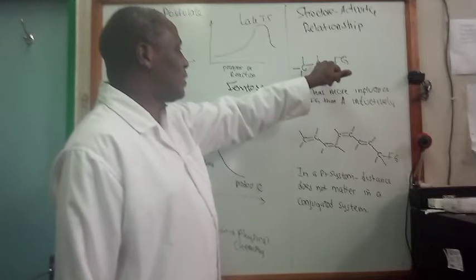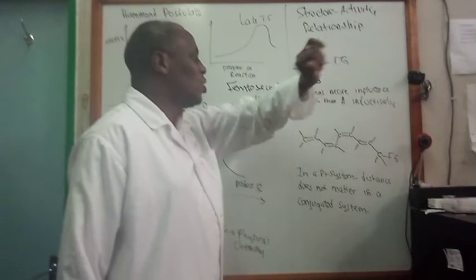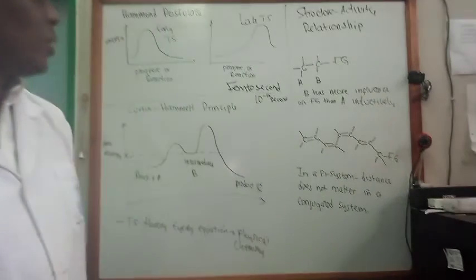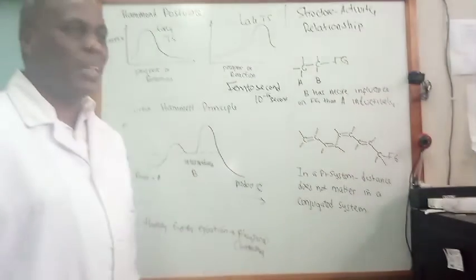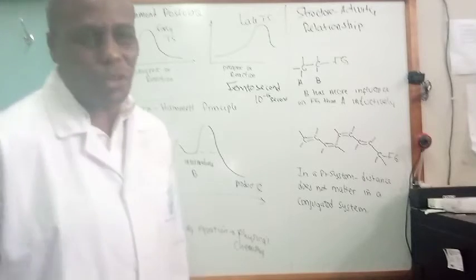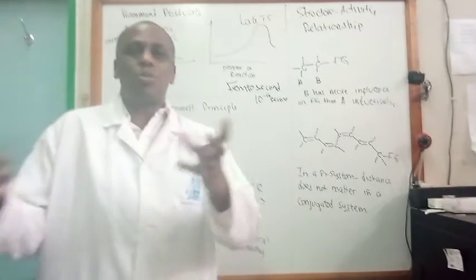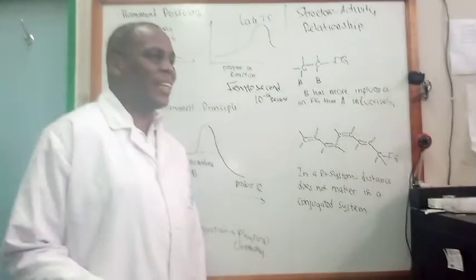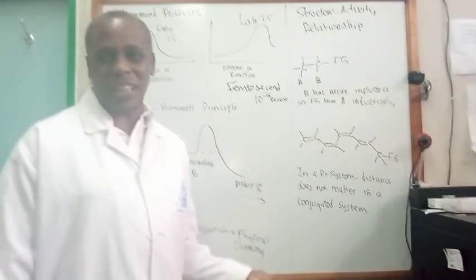There is a carbon here, there is another carbon here, and then we are looking at a functional group. A functional group is either an atom or a group of atoms, which gives the molecule its functionality.